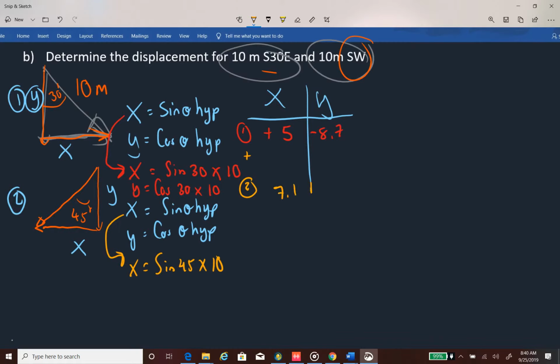And because it's 45 degrees, the y is going to give you the exact same answer, 7.1, because cosine 45 and sine 45 are the same. Now, for vector 2, the x is pointing east or west? West. And the y component is pointing south. So that's negative.